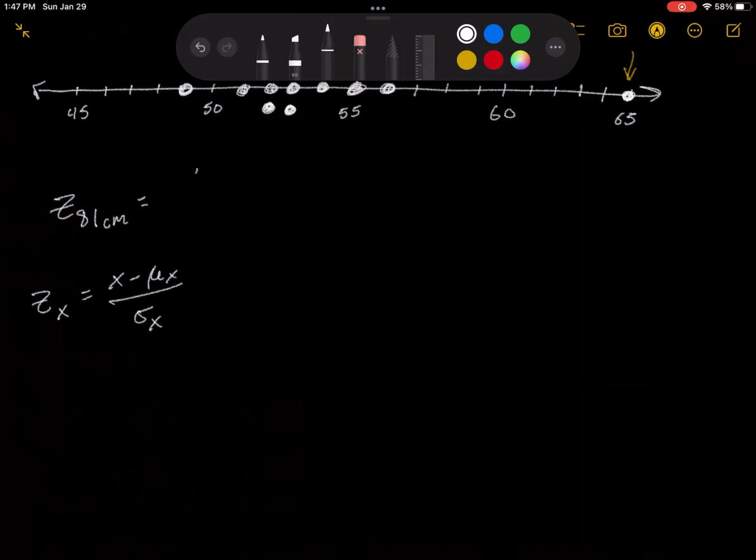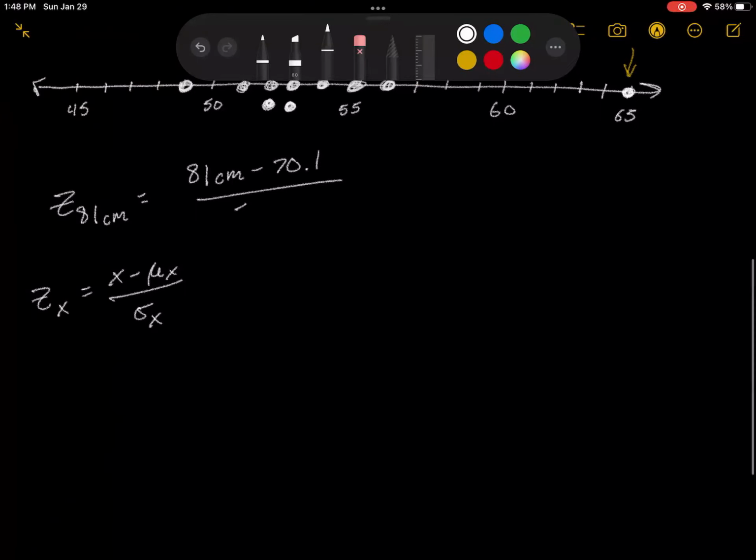So the point of 81 minus the average, and the average of the men's heights is 70.1. The standard deviation of the men's heights is approximately 5.99. So everything here is measured in centimeters.